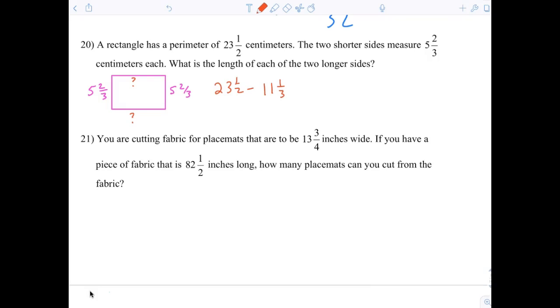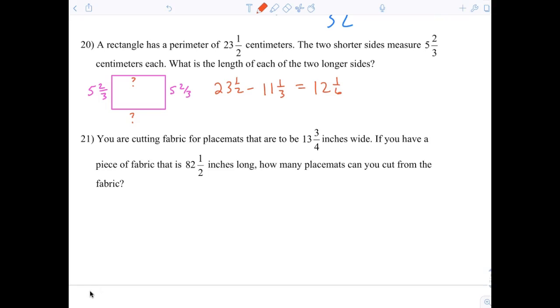All right, Carter, are you with me? What did you get when you did 23 1/2 minus 11 1/3? Is that right? No, I got 12 1/6. I know 12 1/6. I understand what you were saying, but you're not with me now. I want you to stay with me.